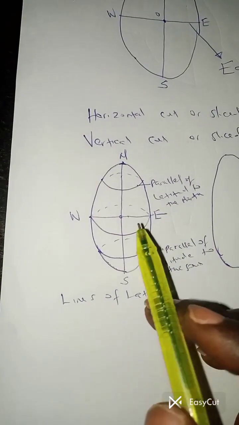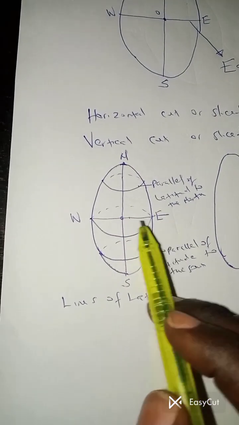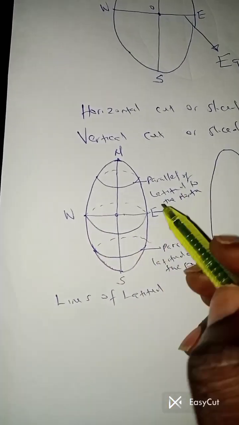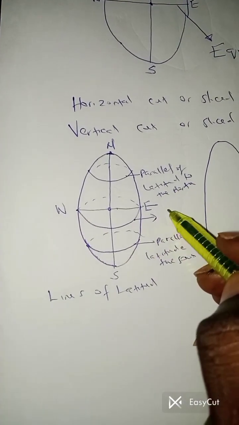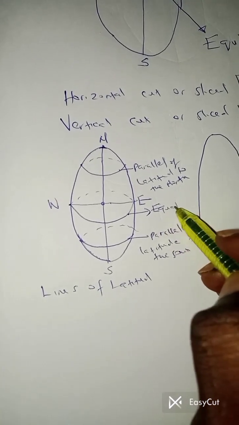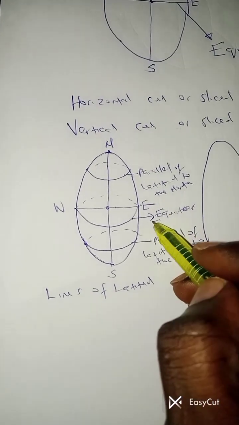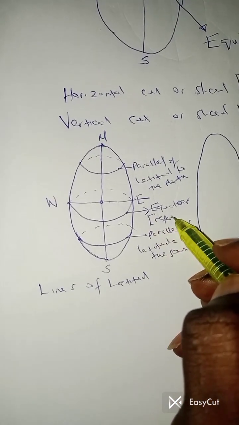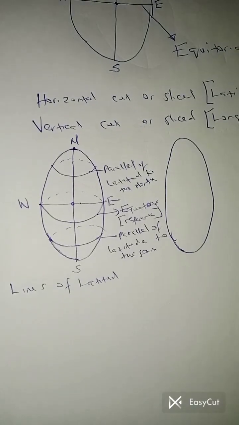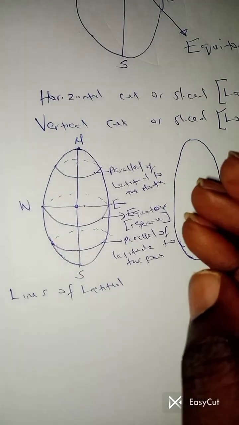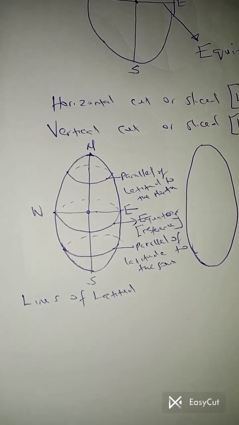The latitude that is drawn from east to west, on the equatorial axis, is known as the equator. It's also a line of latitude, but we call it the equator. The equator is always our reference point on the parallels of latitude. Are you with me? The equator is the reference point of the parallels of latitude.